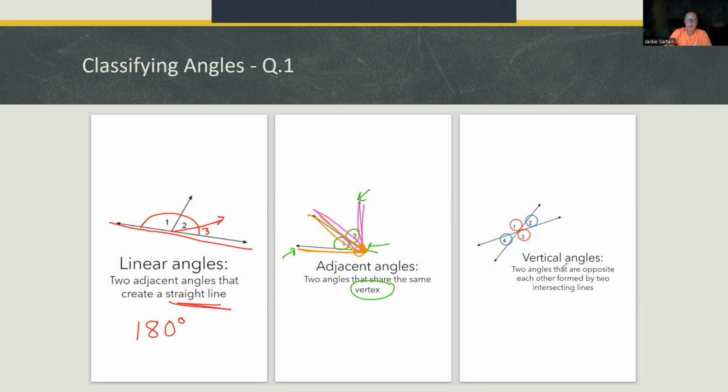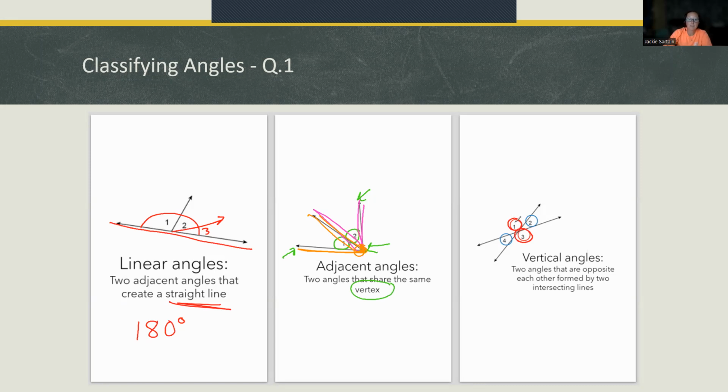Vertical angles are two angles that are opposite of each other, formed by two intersecting lines. As you can see here, they're circled in different colors, but 1 and 3 are opposite of each other.